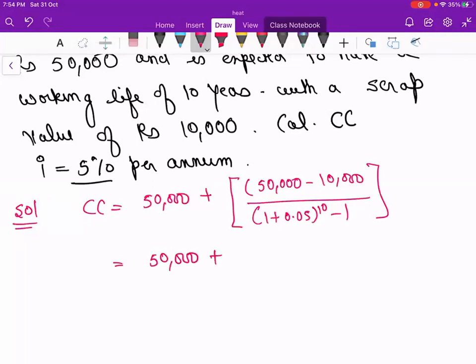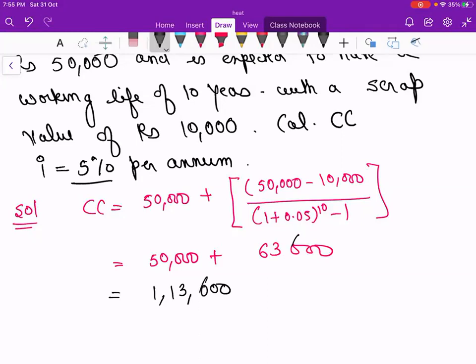I think it is 63, approximately. In total we get approximately 1,13,000. Here it is 63,600, so here also 600 will come.